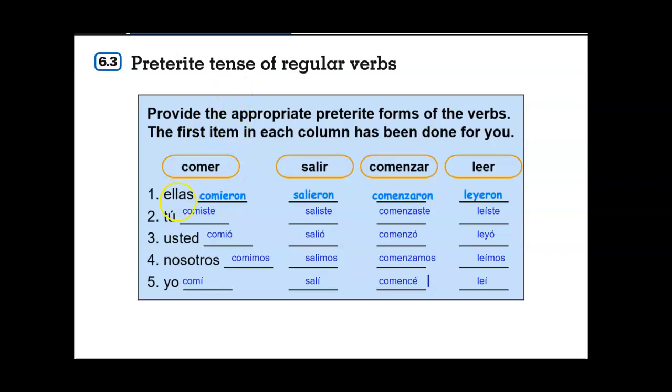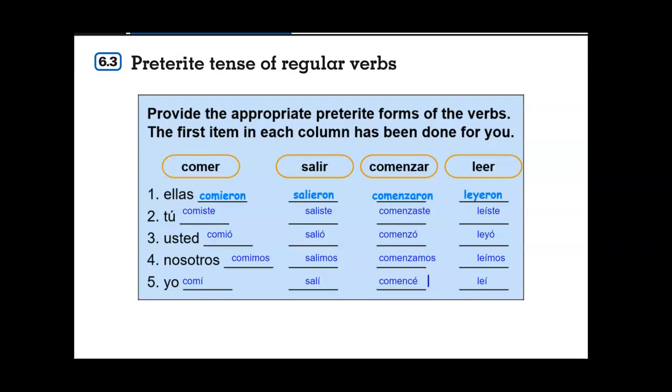Remember, this is a zar, and this is either an I or a Y. For number 2, you should have had tú comiste, tú saliste, tú comenzaste, tú leíste. For 3, usted comió, usted salió, usted comenzó, usted leyó.